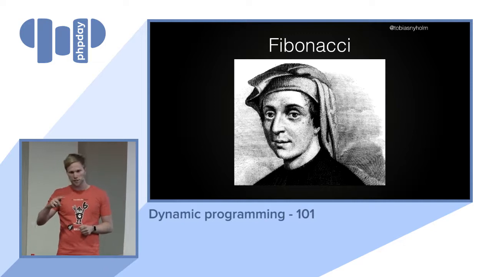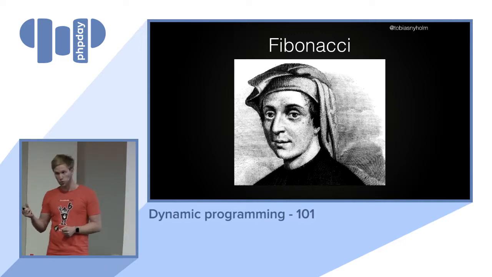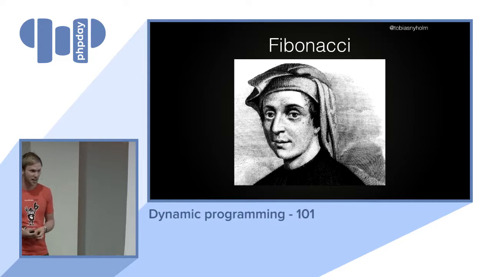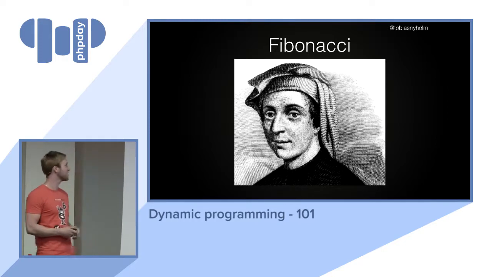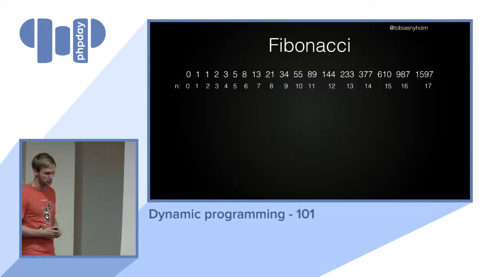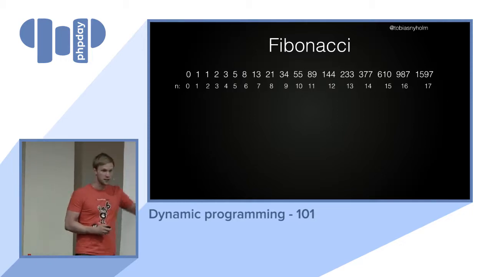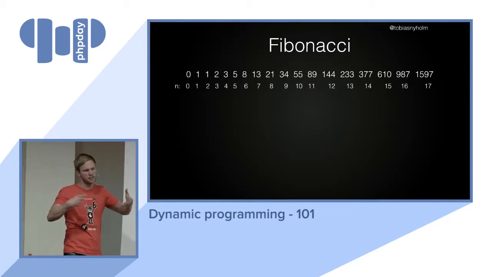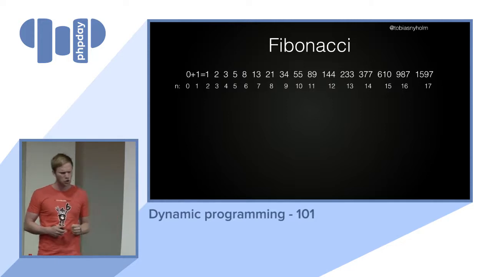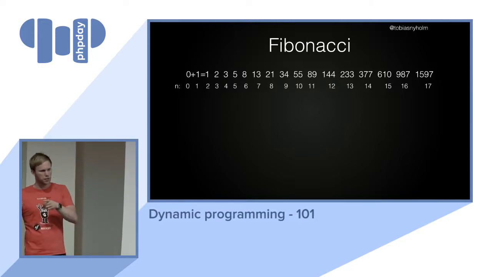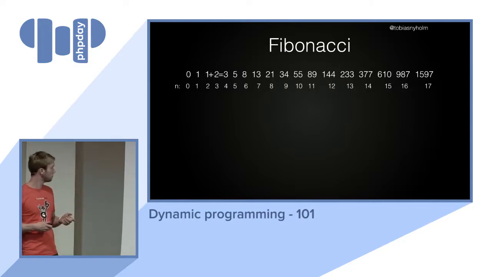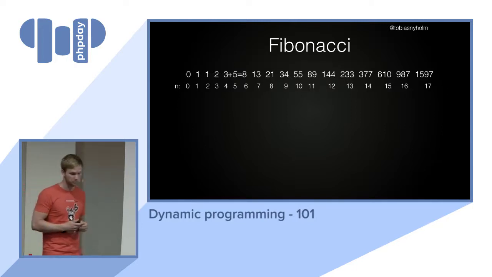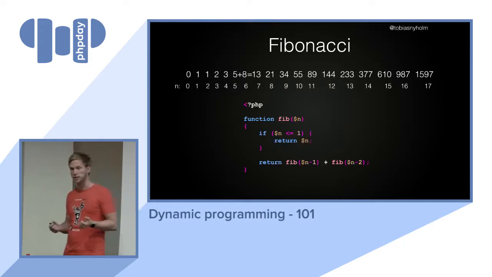Fibonacci numbers were not invented by the Da Vinci Code, nor Leonardo da Vinci, as a guy who applied for a job at my company once told me with great confidence. And anyhow, the Fibonacci sequence is pretty simple. Here are the first 17 numbers, and the second line is just the index. So to calculate a Fibonacci number, you take the sum of the 2 previous Fibonacci numbers. Simple as that. And in code, it may look something like this.